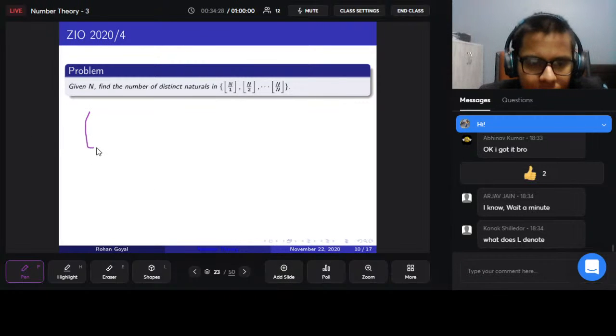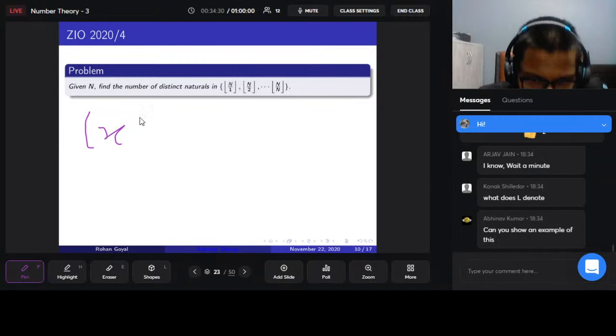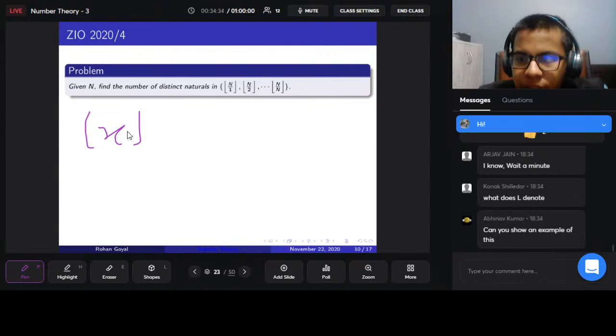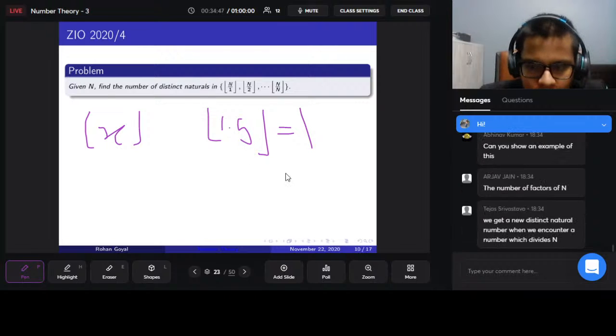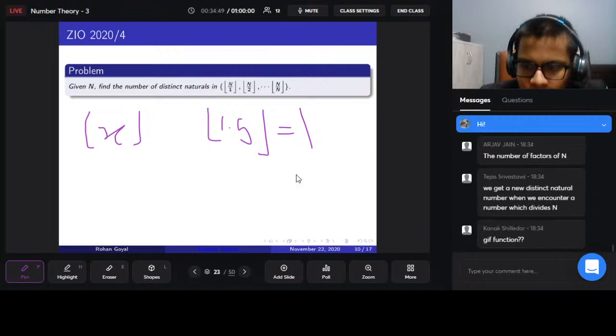For example, floor of x is the largest integer which is less than or equal to x. So floor of 1.5 is 1. That's not true, Arjav. That's not the answer. Yeah, greatest integer function, that's the floor function.